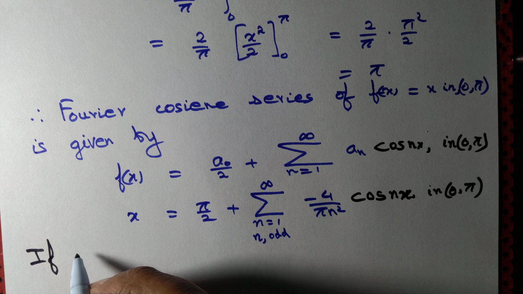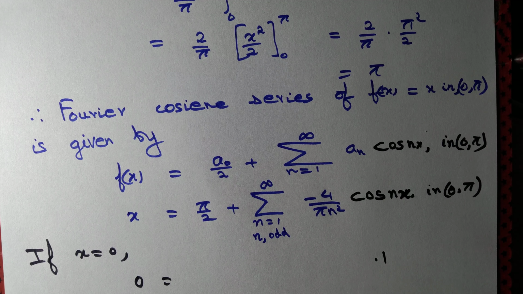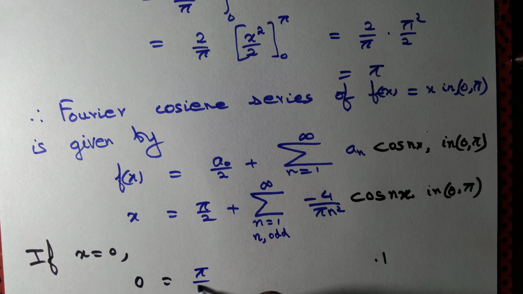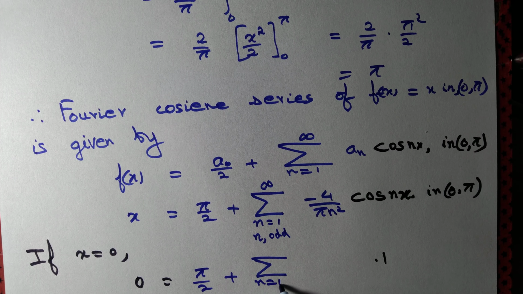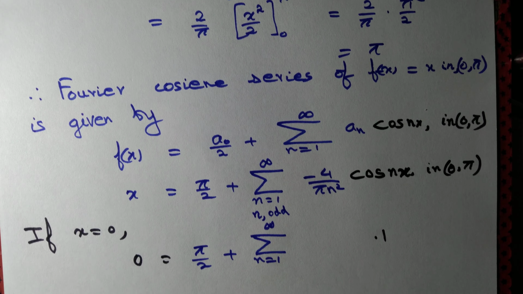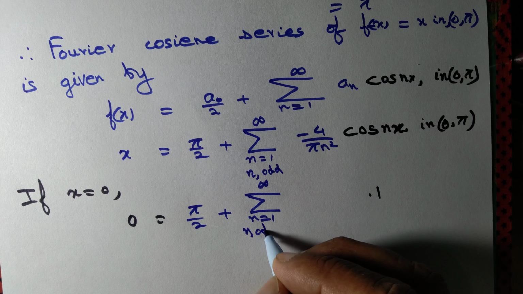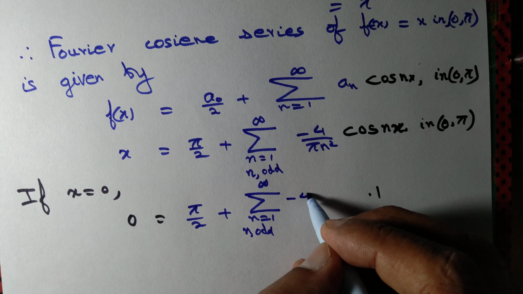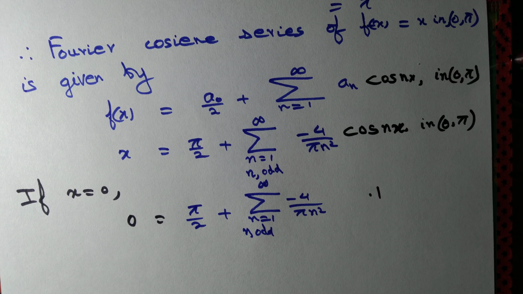So take x equal to 0. If x equal to 0, f(0) equal to 0, cos nx is 1, rest of the expression remains as it is. Pi by 2 plus n goes from 1 to infinity, n odd, minus 4 by pi into n square into 1.